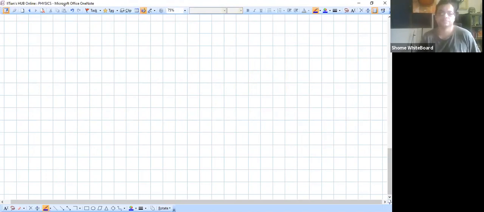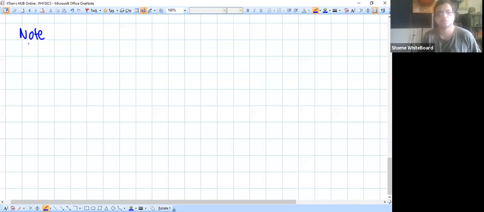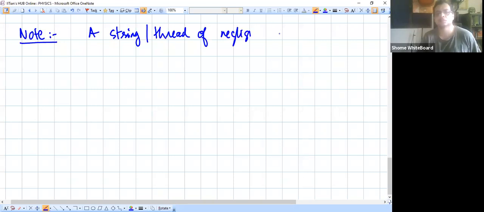If we have a string or thread of negligible mass, that means its mass is very small compared to the other masses in our system, like a block attached, or a force equivalent to the weight of some mass, then in every situation it always has uniform tension.